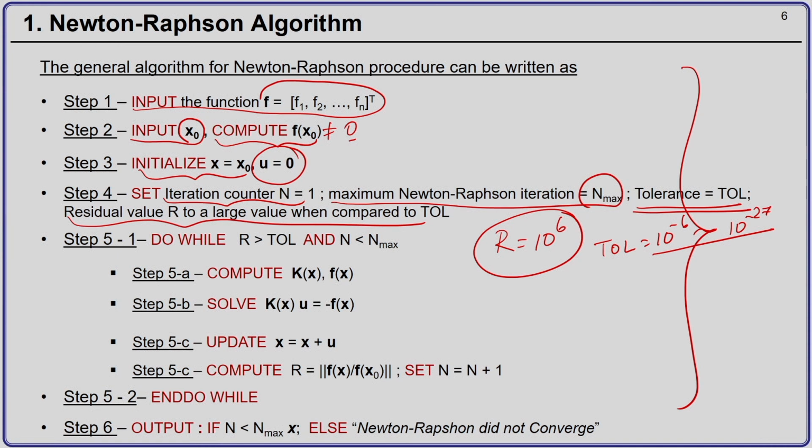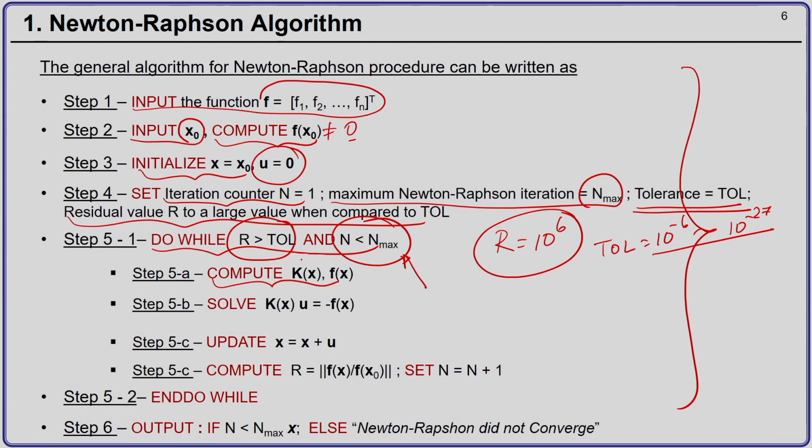And you can set residual r to a really large value, and then we run a do loop while our residual is more than the tolerance and our number of Newton-Raphson iterations are less than the maximum number of Newton-Raphson iterations. Okay. So, this is there so that the loop does not go on infinitely. Okay. Next, what do we do?